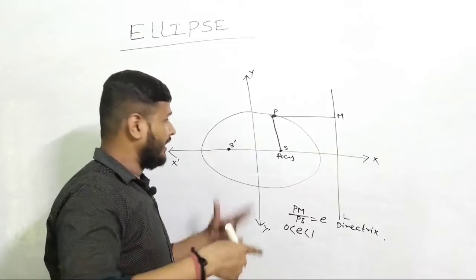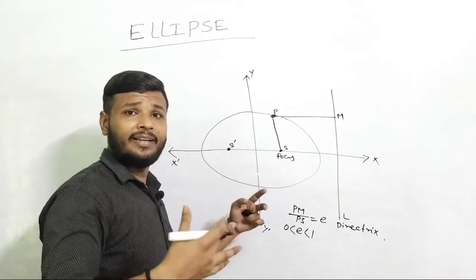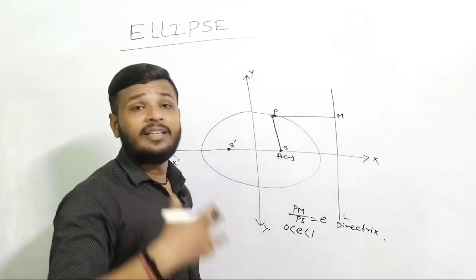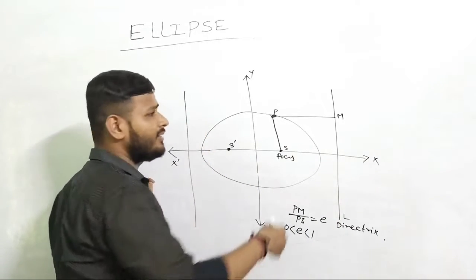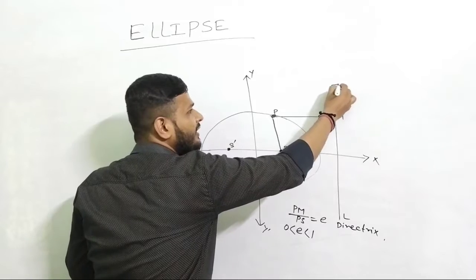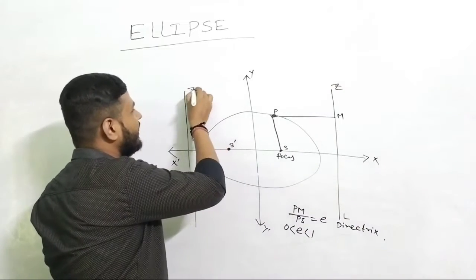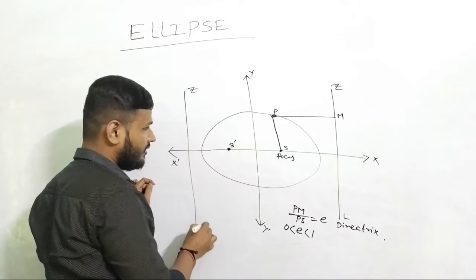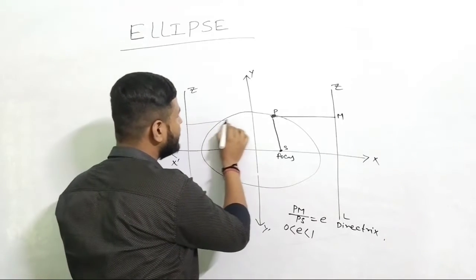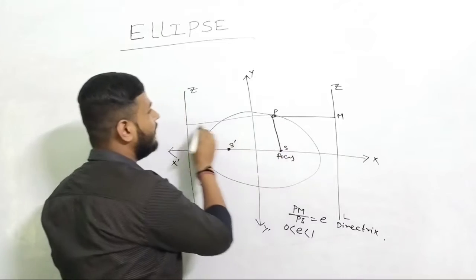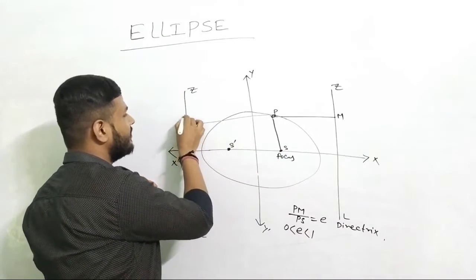Since we have two foci, there are two fixed straight lines, that is two directrices, named ZL and Z dash L dash. And we have two distances, PM and PM dash.